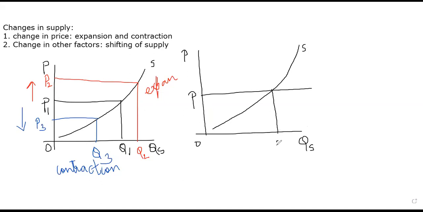Price is OP, you have quantity supplied at Q1. At what instances can the seller go for a lesser supply of Q3 at the same price and a higher supply of Q2 at the same price? What could be the possible reasons for supply to change from Q1 to Q2 or to Q3 without change in price?